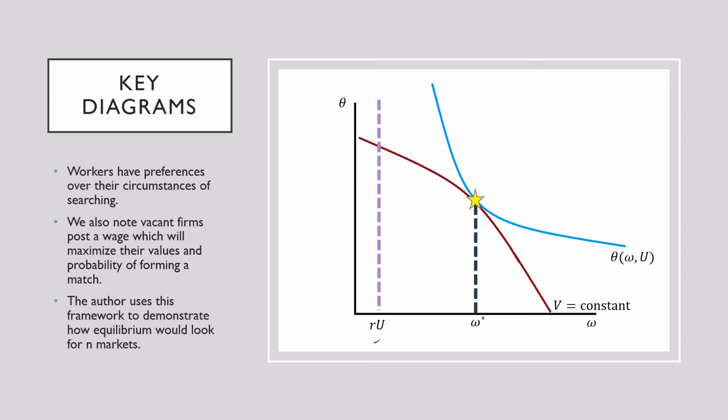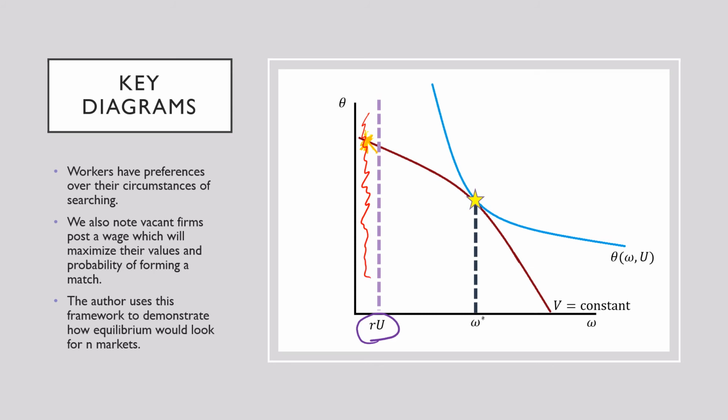This R U i term right here characterizes that our firm can't offer a wage right here. It can't happen. That's a little bit too light of a color. Let's make it a little bit more visual. But you can't do that here. So this just rules out this area here.